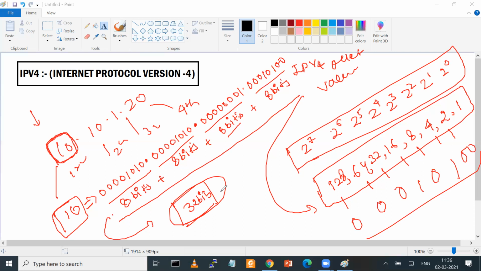Because each number has an 8-bit combination, and when we convert into binary, we get 8 binary digits for each, so it is your 32-bit address.